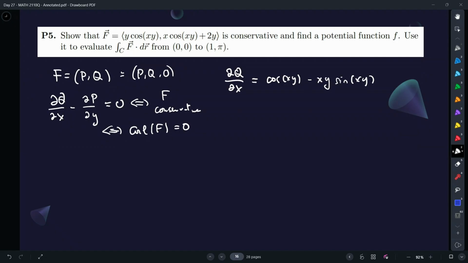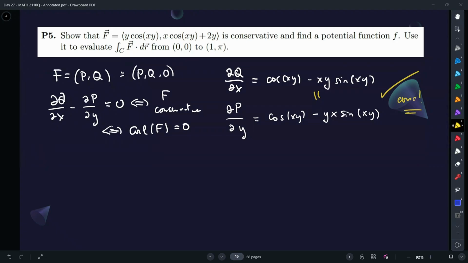So we get that, and if I take the derivative of P with respect to y, then I get the derivative of y times cosine xy minus the derivative of cosine xy, which there will be an x here, sine of xy. And you see that these are actually exactly the same function. So yes, it is conservative.